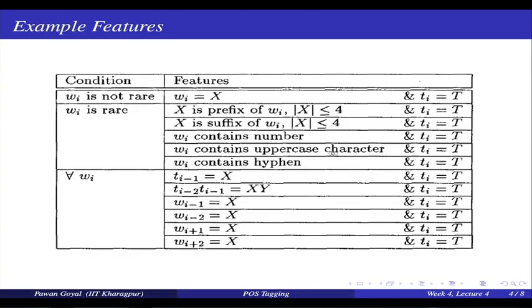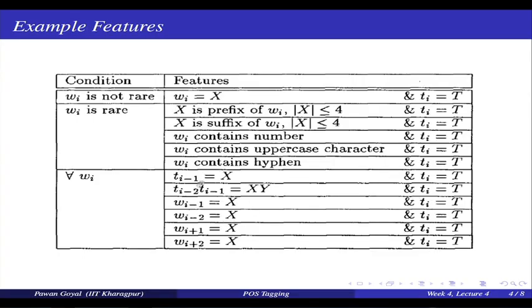Can I use the fact that the word ends in ed? That's why we are using the suffix here. Similarly for prefix, I can have something like in for making the opposites for adjectives and so on. So this can be captured by using this kind of features. Also, whether the word contains a number, an uppercase character or a hyphen. This is for rare words.